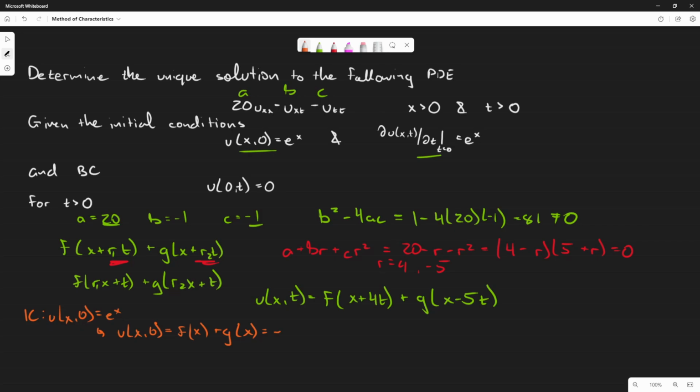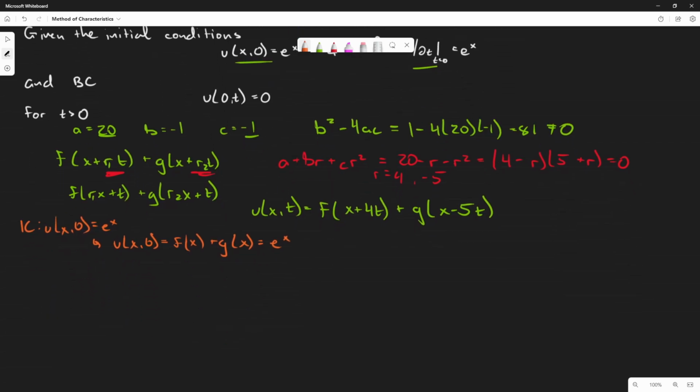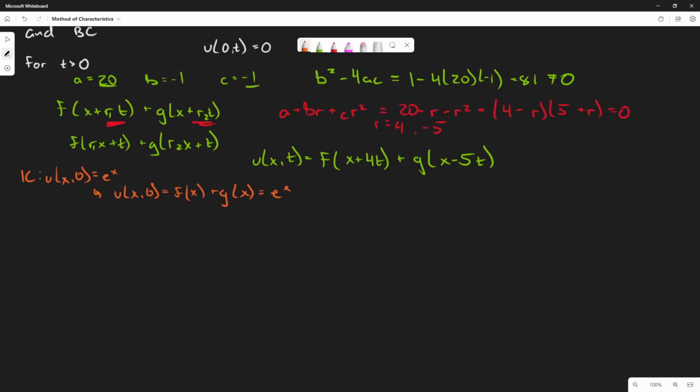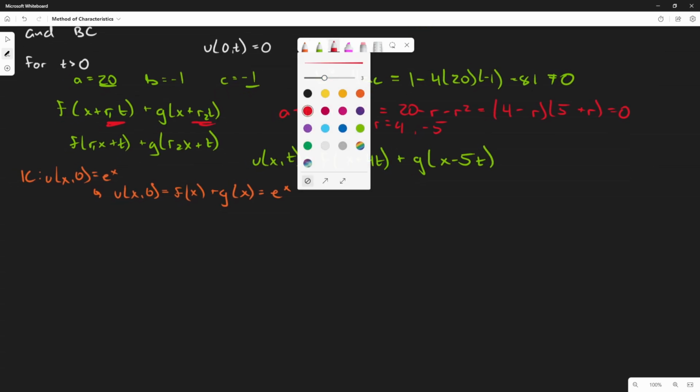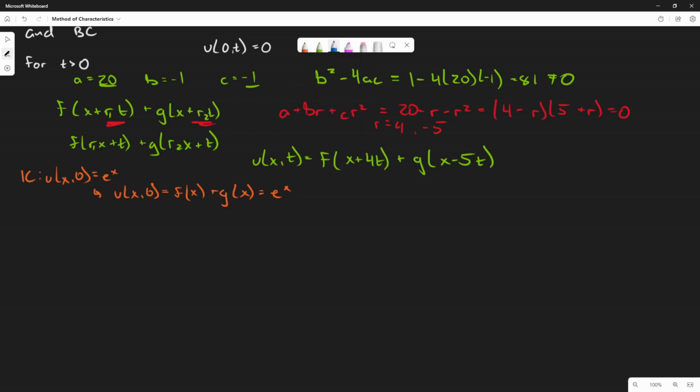And then we know from the initial condition this is equal to e to the x. So now we're going to plug in our second initial condition, which is, well, before we do that, it tells us to take the partial derivative with respect to t.